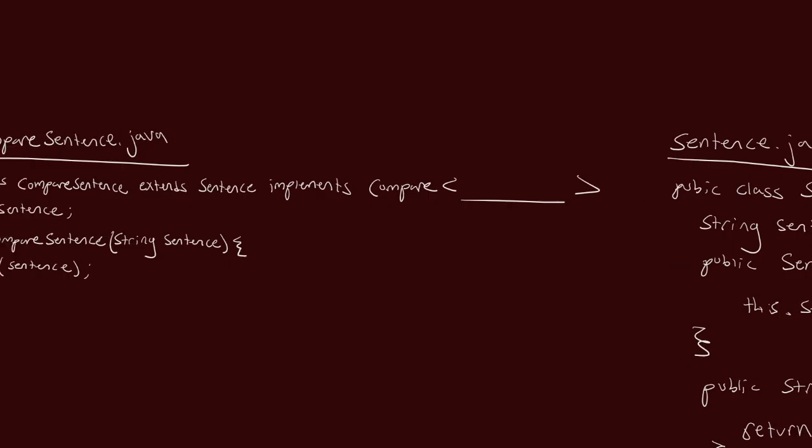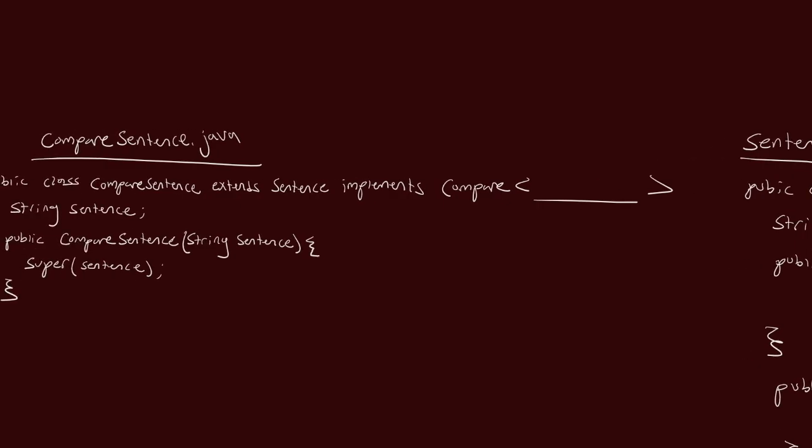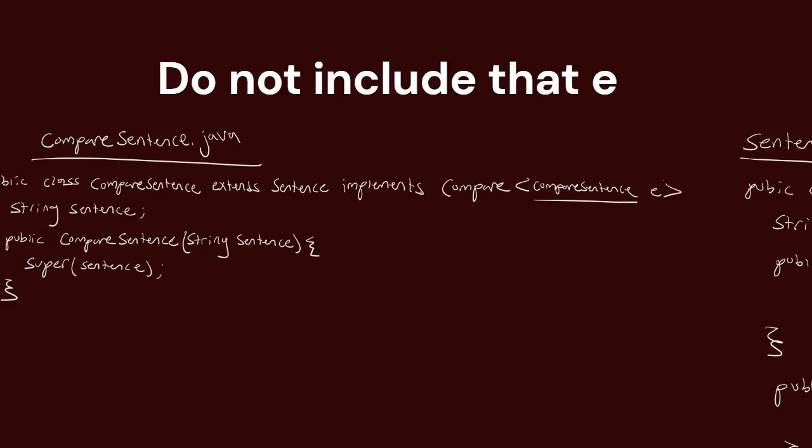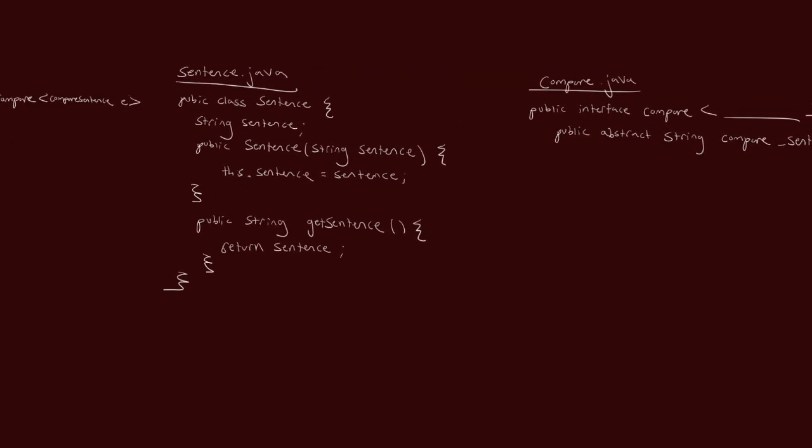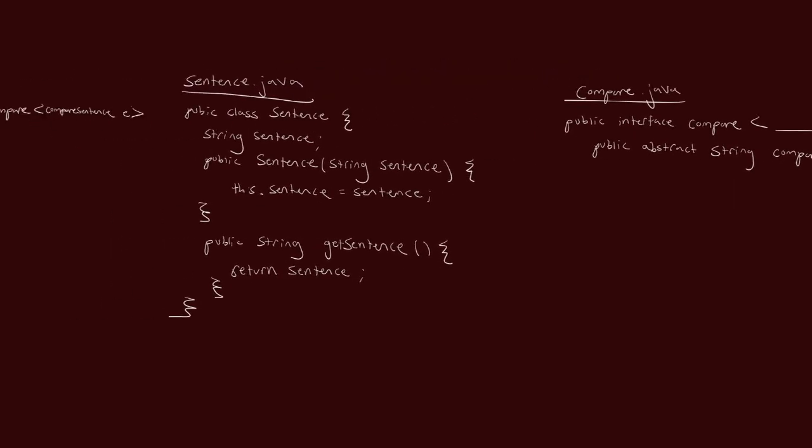So in order to compare the two sentences, they both have to belong to the compare sentence class. So what we'll do is compare sentence, and we'll put a variable here. So we'll put e here.